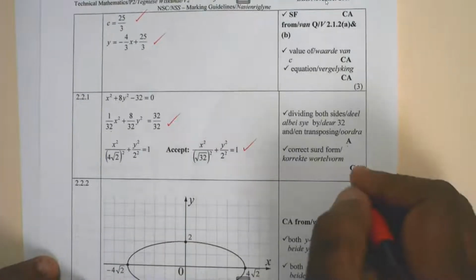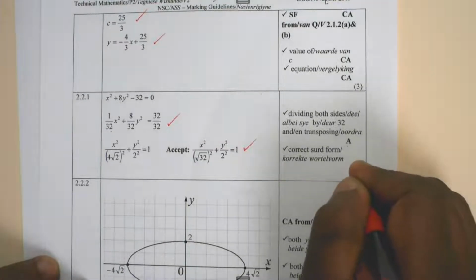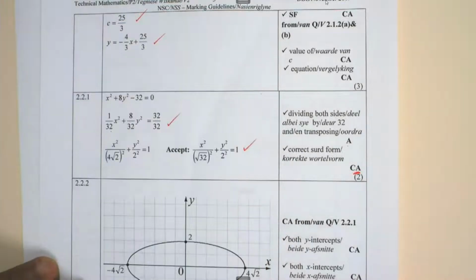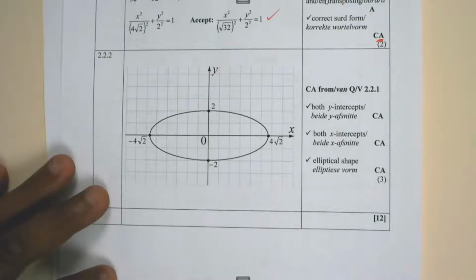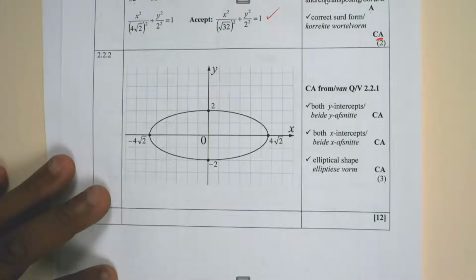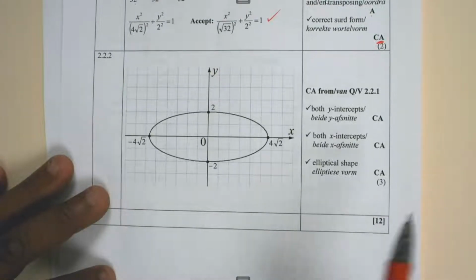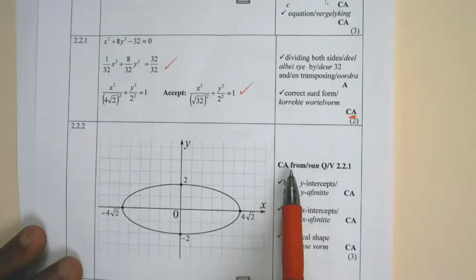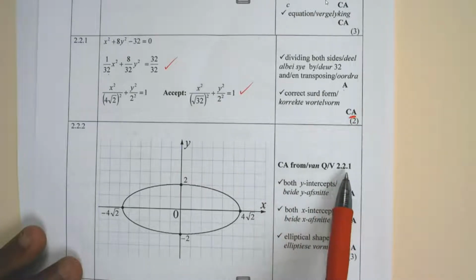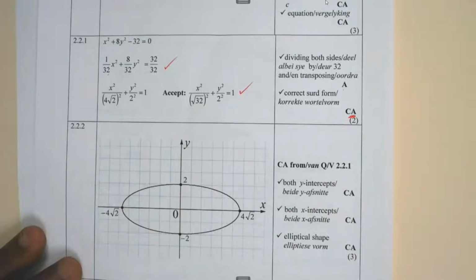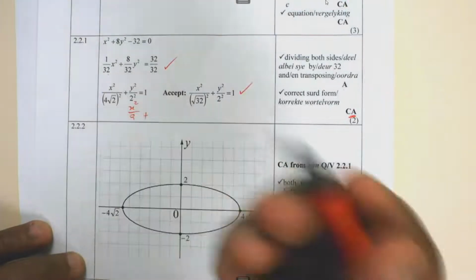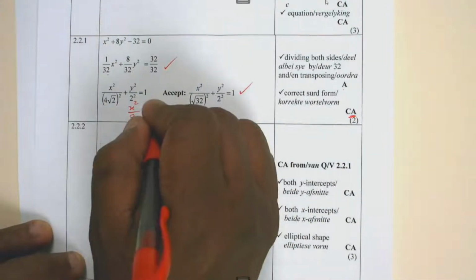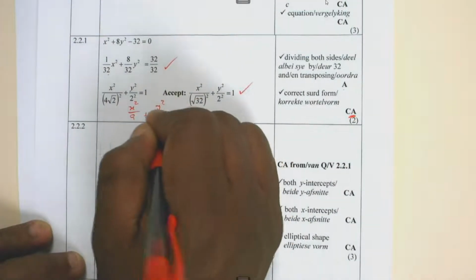And then this one is a continuous accuracy mark based on what the learner wrote in the first step. Now 2.2.2, it says CA from question 2.2.1. Why is it CA? You'll find instances where a learner writes this as equals to 1.